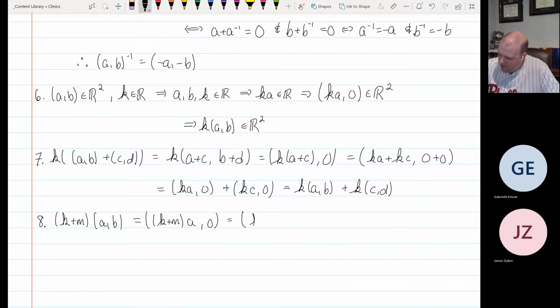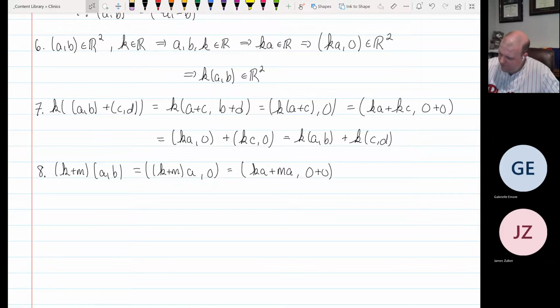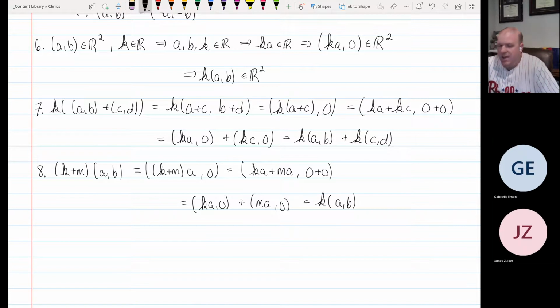Since we're dealing with all real numbers, this is K times A plus M times A, and then we can write 0 as 0 plus 0. This can be split up as KA, 0 plus MA, 0, which of course is the definition of K times AB, and then plus M times AB. So the eighth axiom is satisfied.